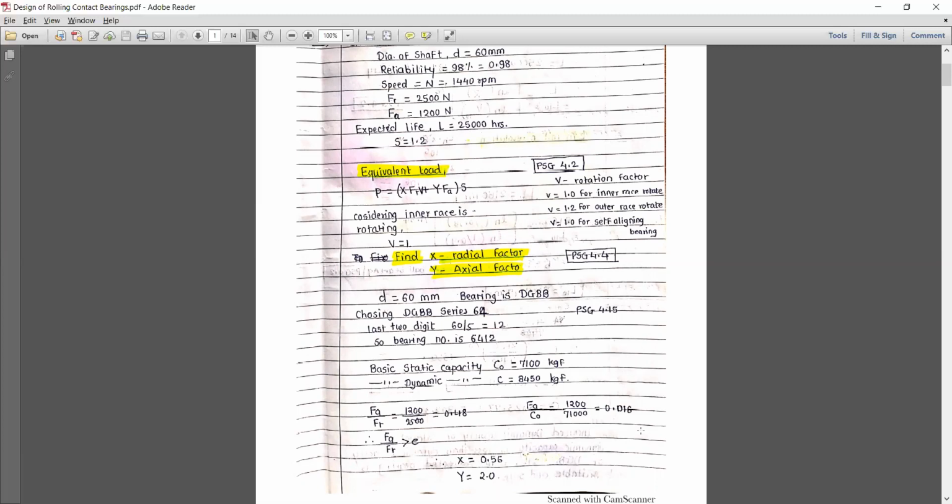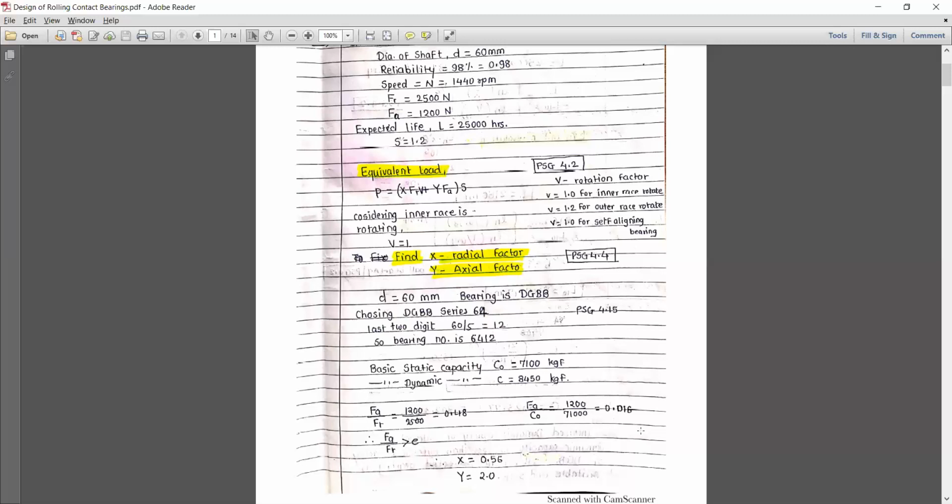If the inner race is rotating, we take V equal to 1. If the outer race is rotating, then the value is 1.2, and if we are using self-aligning bearings, then the value of V is 1. In this case we found that the inner race is rotating.